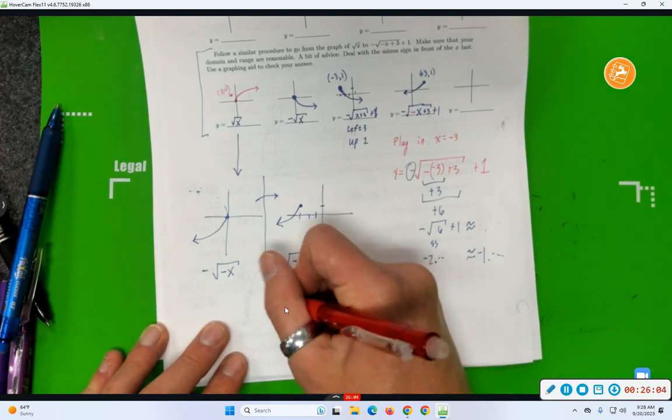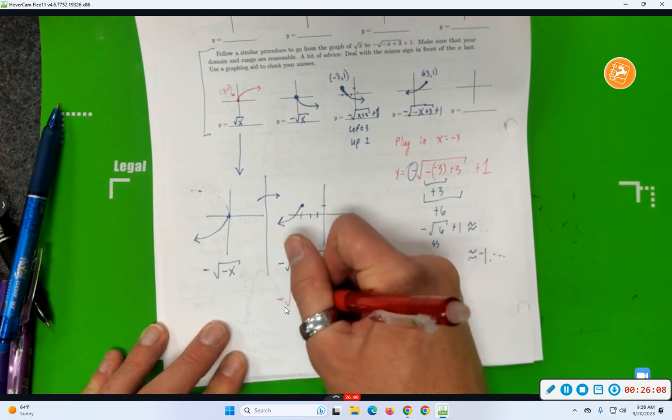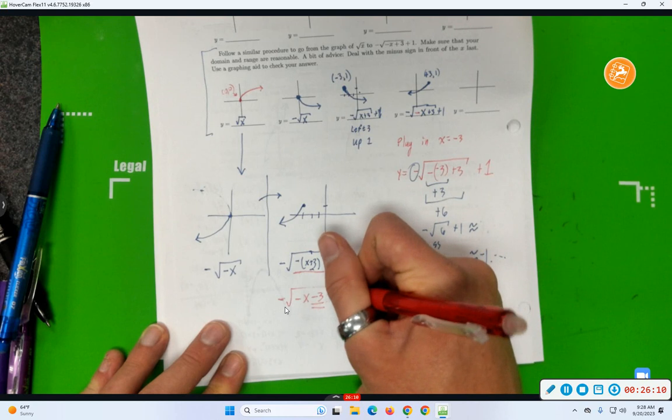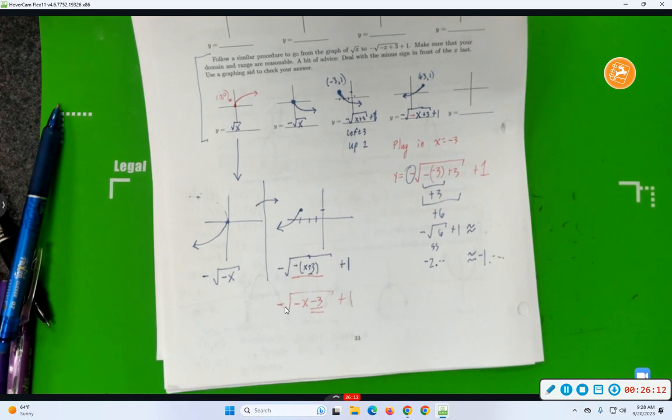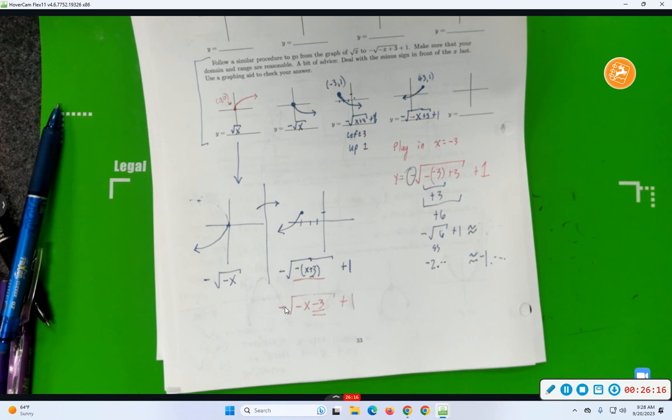So your graph really looks like the negative square root of negative x minus 3, plus 1. So if you accidentally do these moves in the wrong order, you might wind up with some distribution errors. So I want to say one thing before moving on to the next idea, which is going to be the last of the transformations that we'll build: the order in which you should deal with these things.